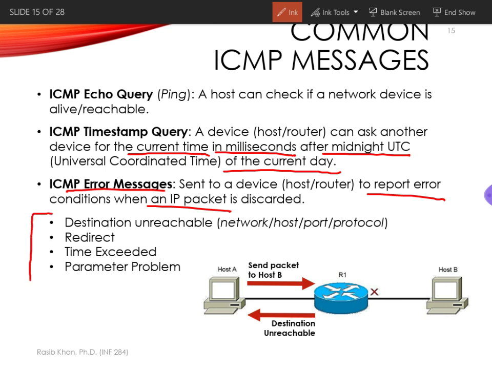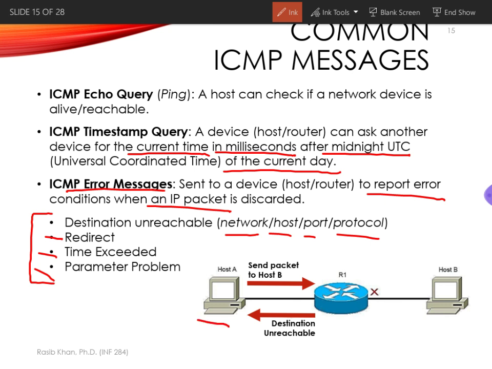The most common type of error message would be destination unreachable. The destination could be a network, a host, a port, or even a protocol that is not supported by the host that is trying to be reached. There could be redirection errors, time exceeded, or a parameter problem with any packet that is being sent out.